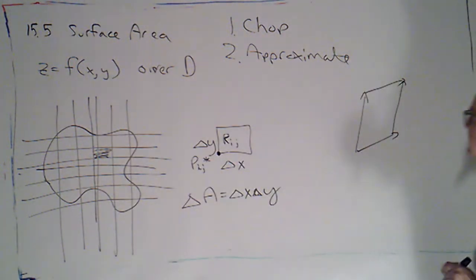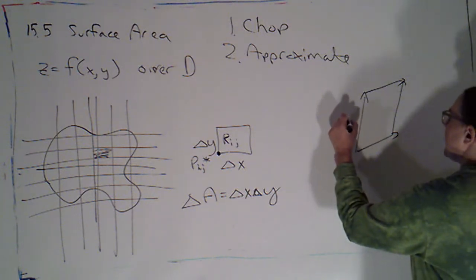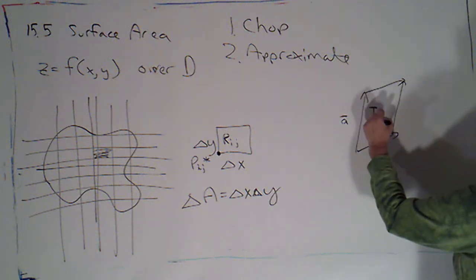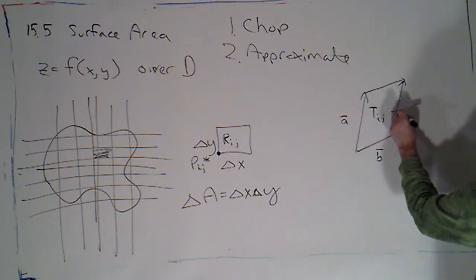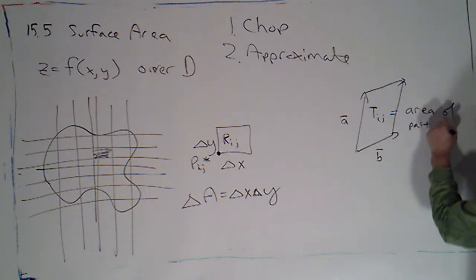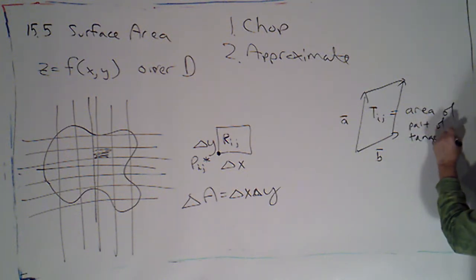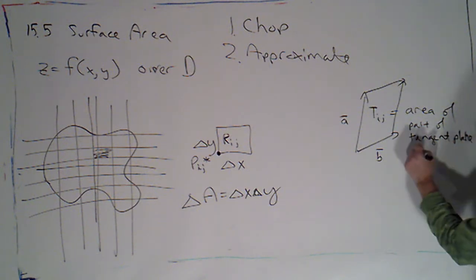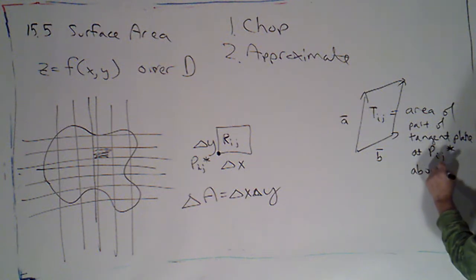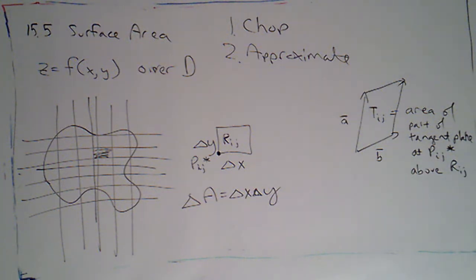If I can find these 2 vectors, which I'm just going to call A and B, then I could take their cross product, and the magnitude of that would be the area of this parallelogram, which I'm going to call T i j. So it's the area of the part of the tangent plane at this representative point that lies above the ijth rectangle.